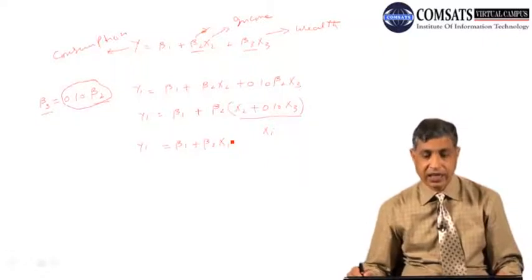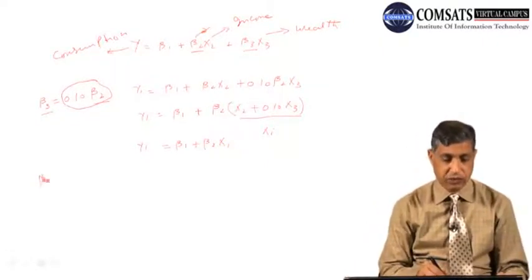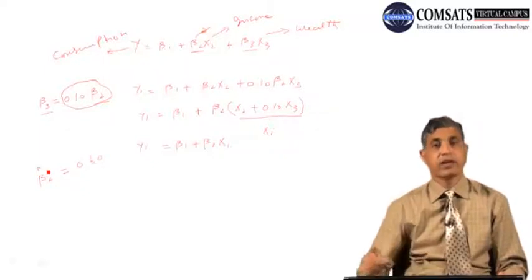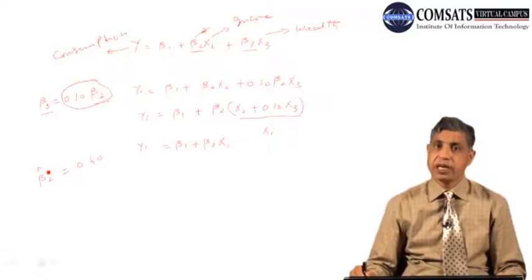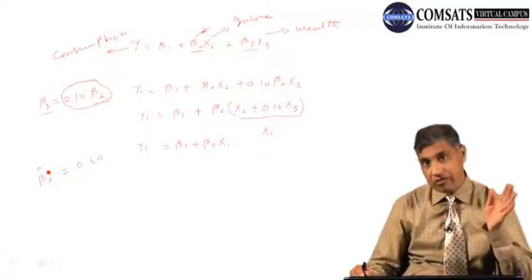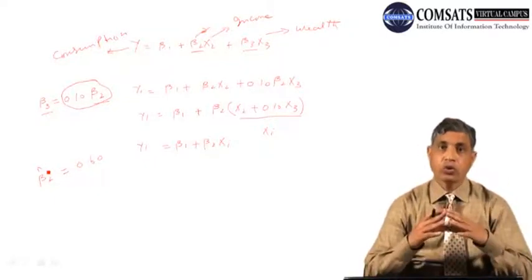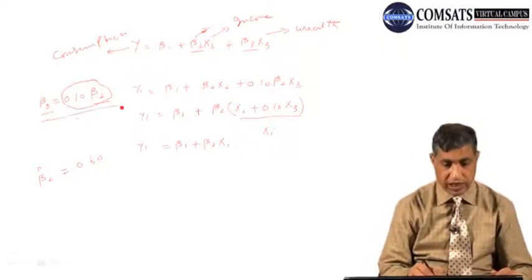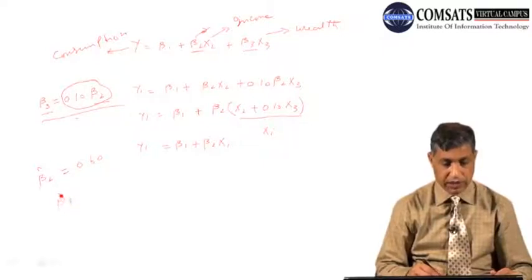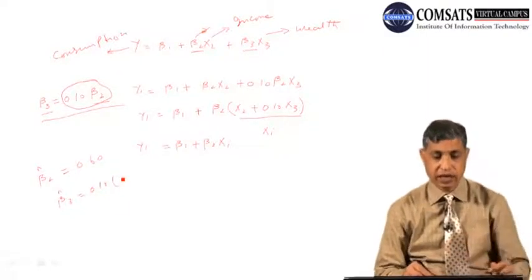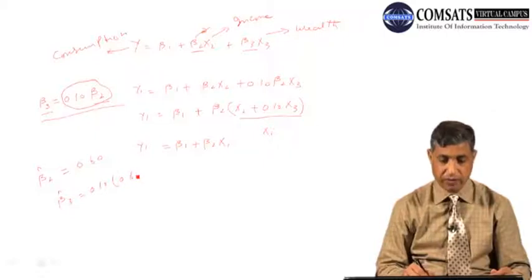Now if I run the regression and find the value of beta 2, for example, the value of beta 2 is equal to 0.6. Now it is beta 2 hat, the estimated parameter. So I have just calculated one parameter, but on the basis of my prior information, I can now immediately get the value of beta 3. From this equation, beta 3 hat is equal to 0.10 multiplied by beta 2. Rather than writing beta 2, I will write the value of beta 2 here.